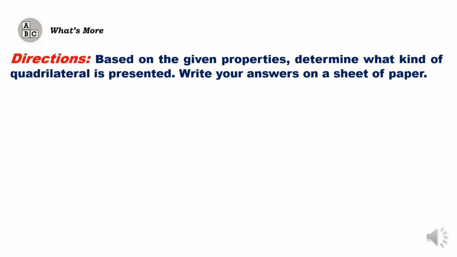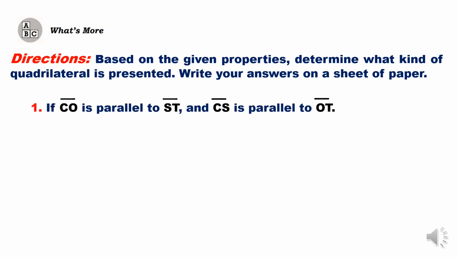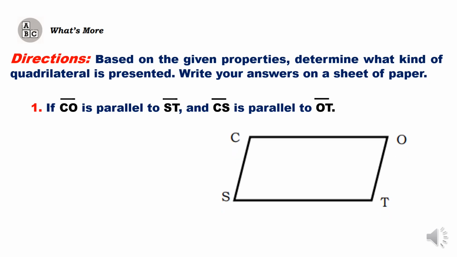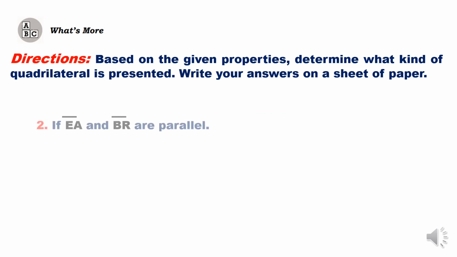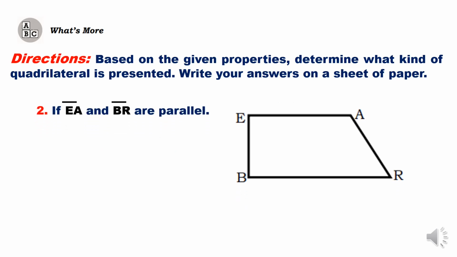Based on the given properties, determine what kind of quadrilateral is presented. Write your answers on a sheet of paper. Number 1. If line segment CO is parallel to line segment ST, and line segment CS is parallel to line segment OT, quadrilateral COST is a parallelogram. If line segment EA and line segment BR are parallel, quadrilateral BEAR is a blank.